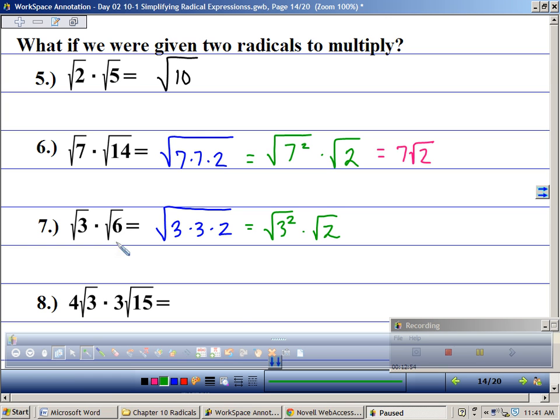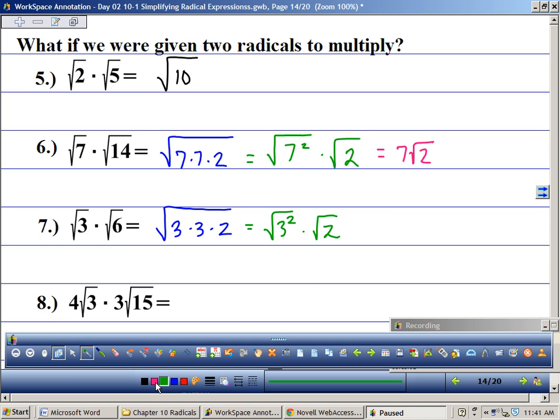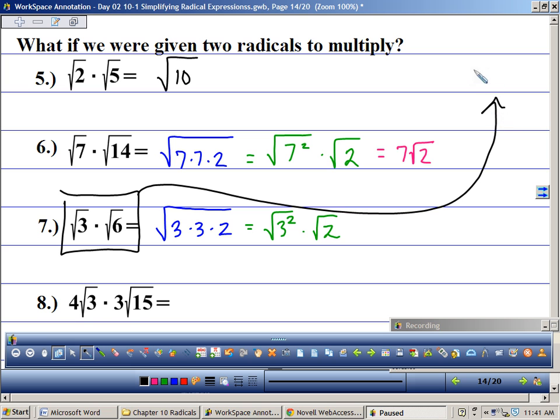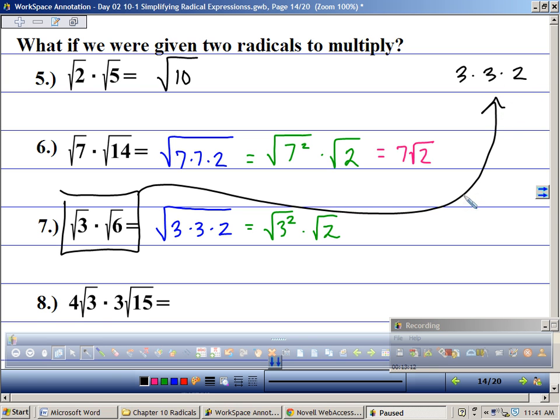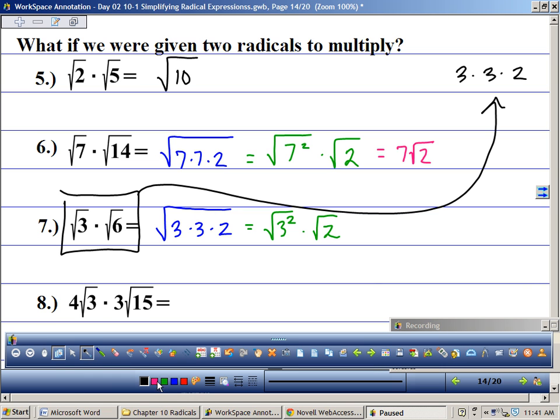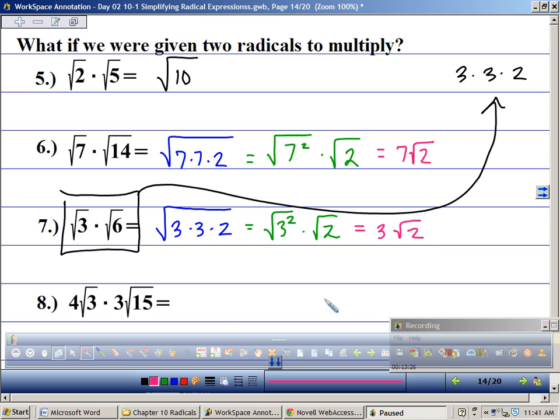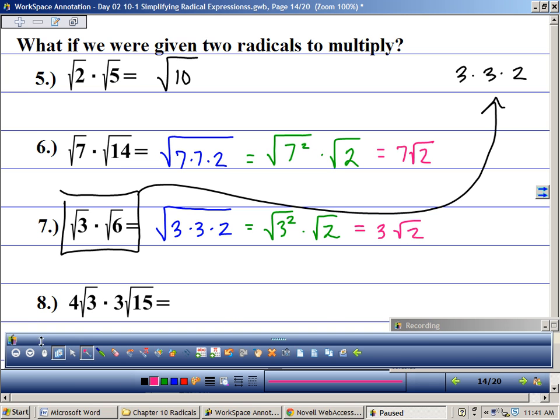You see it? Without a square root. Let's do it over here. See it? I have a 3 times a 3 times a 2. So finally, this would be 3 root 2.